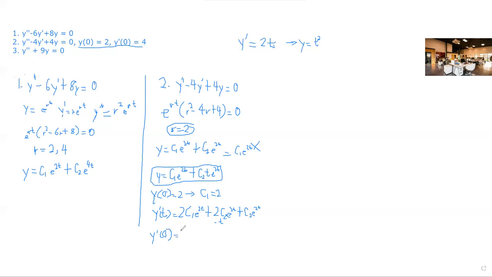And that's 2C1 plus C2, so 4 equals 4 plus C2. We deduce that C1 is equal to 2, so C2 is equal to 0.